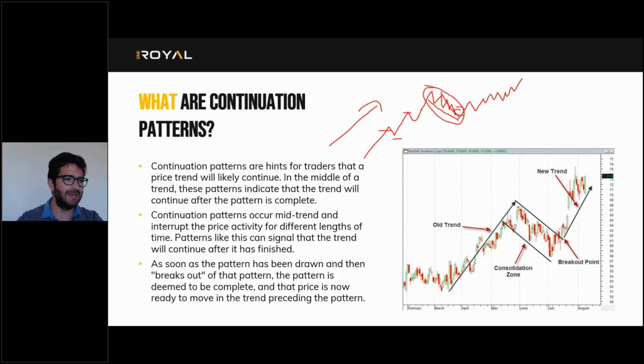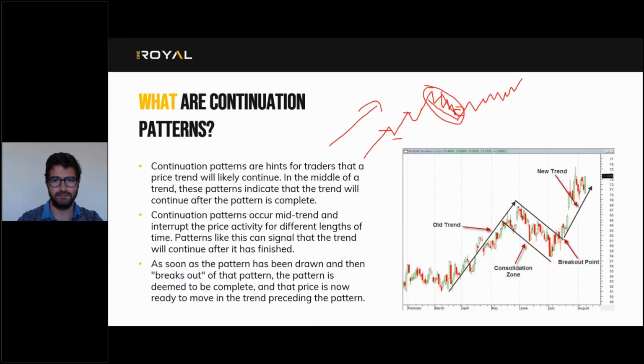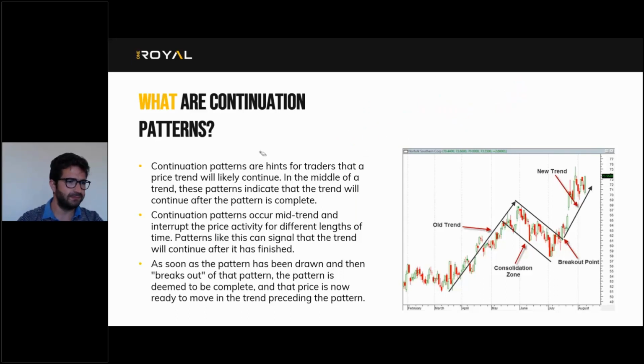This applies even for a downtrend. Let's say the market is moving to the downside now. So the main direction is to the downside. And then in the middle of this downtrend, we saw a rising wedge, something like this.